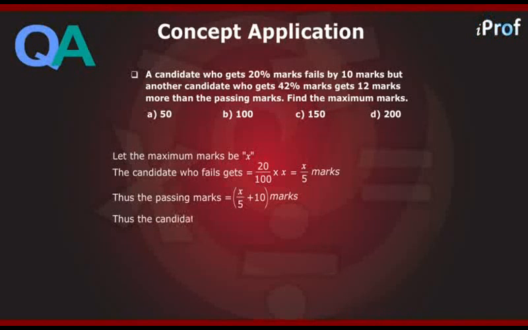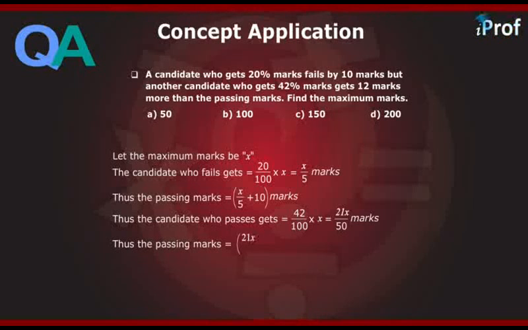Thus, the candidate who passes gets 42 divided by 100 into X, which is equal to 21X by 50 marks. Since he has passed by 12 marks, we get the passing marks equal to 21X by 50 minus 12 marks.